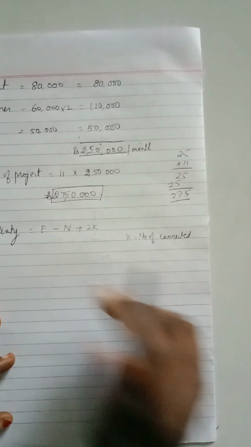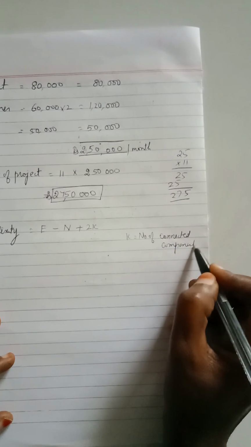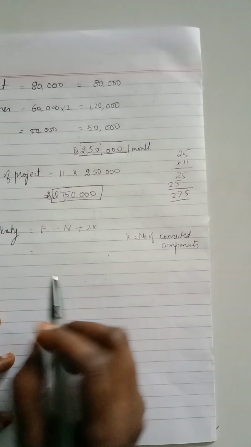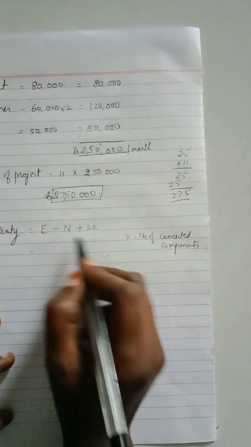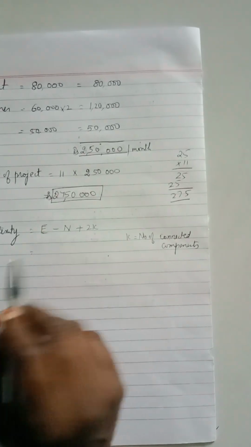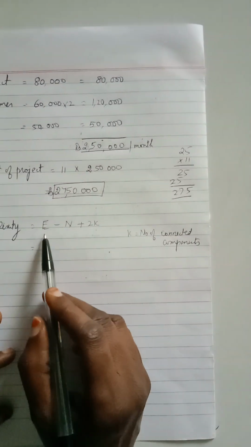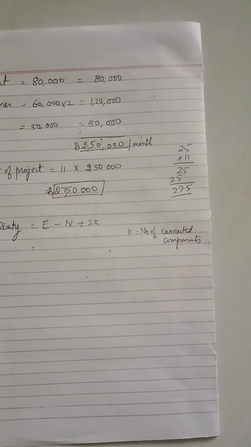For a connected graph, it is one only. So now we have to find out how many edges and how many nodes there are. So E minus N plus 2K. Now we'll find the number of edges.